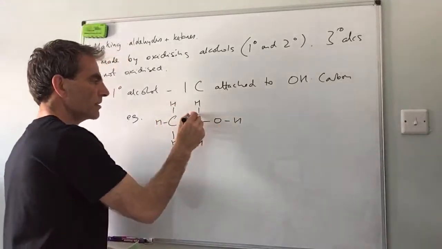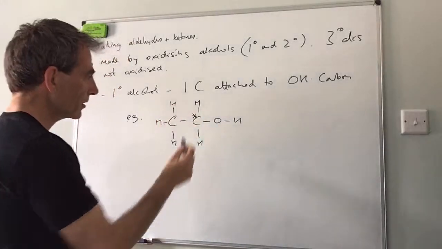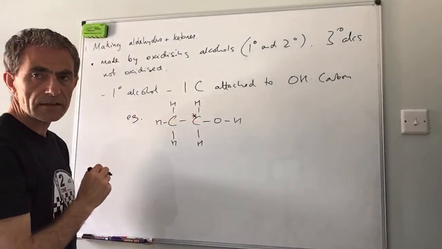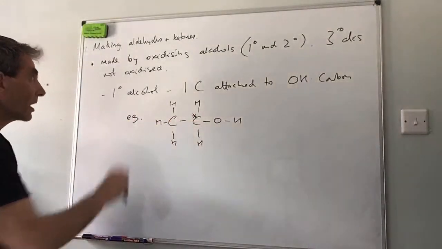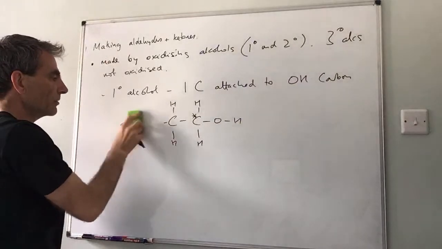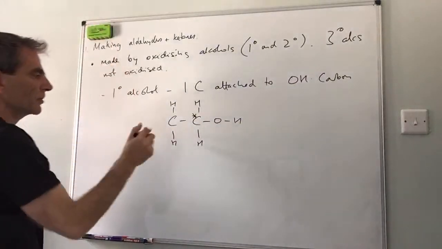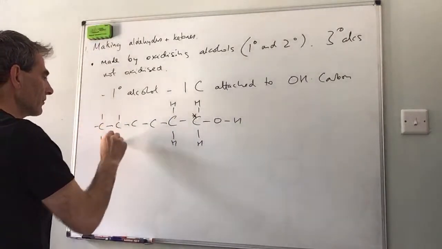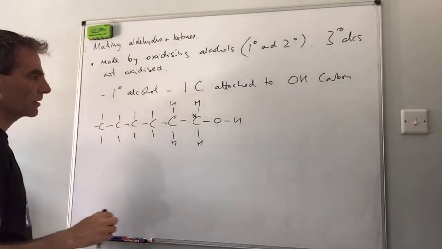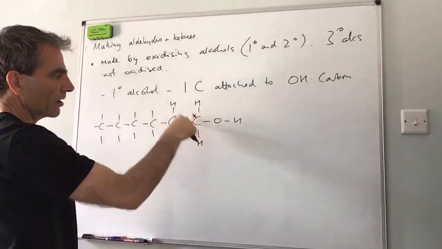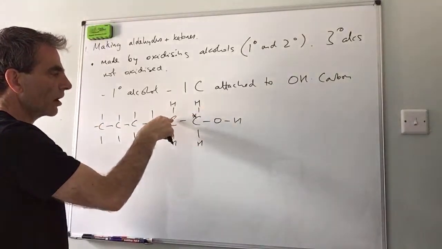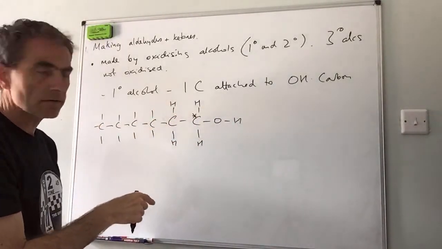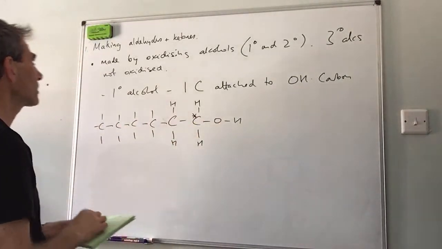That's the hydroxyl carbon, and there is one carbon directly attached to it. I could make that carbon chain really long if I wanted to. I won't put all the hydrogens on, but that's still primary, because that carbon has only got one carbon directly attached to it. So that's a primary alcohol.